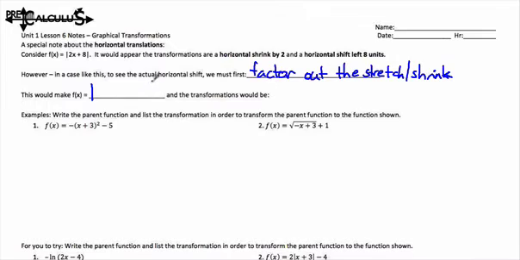I'm still going to have my absolute value signs, but I can pull out a 2 from the 2x, and I can also pull out a 2 from the 8. So now I have 2 and then x plus 4, like that. So this changes our transformation. We're still going to have a horizontal shrink by 2.